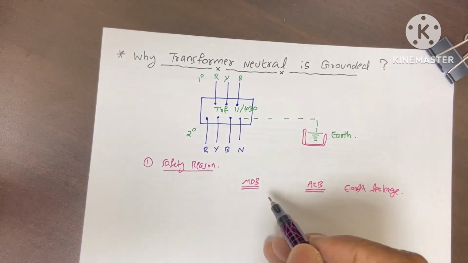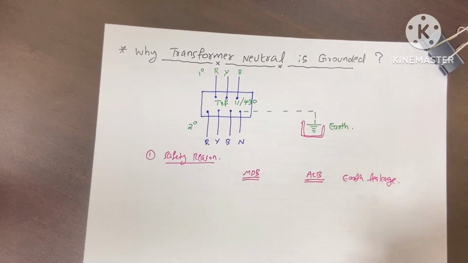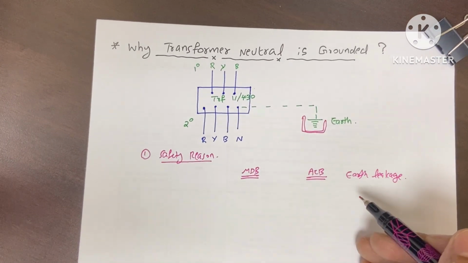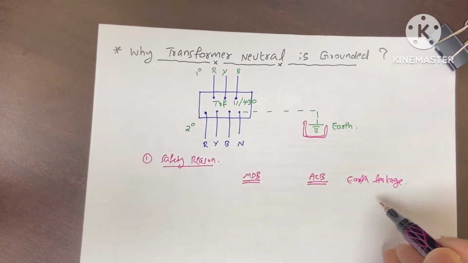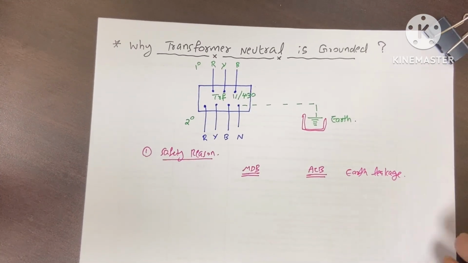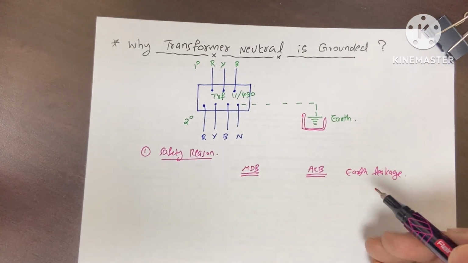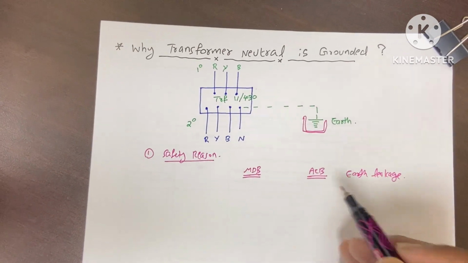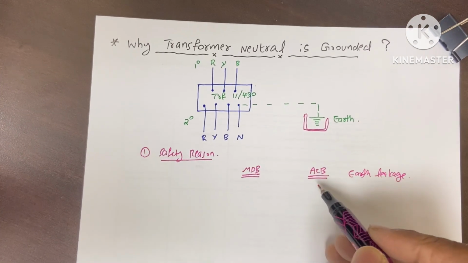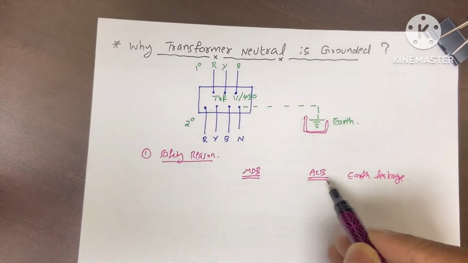Under that ACB, that means on our load side, if any fault occurs, suppose any phase touches a metal body, at that time what would happen? Just like an ELCB, this ACB's trip unit would work.